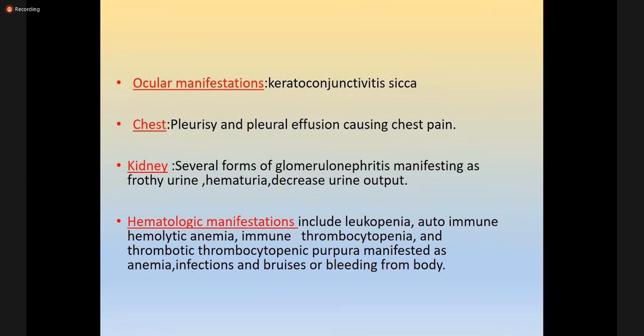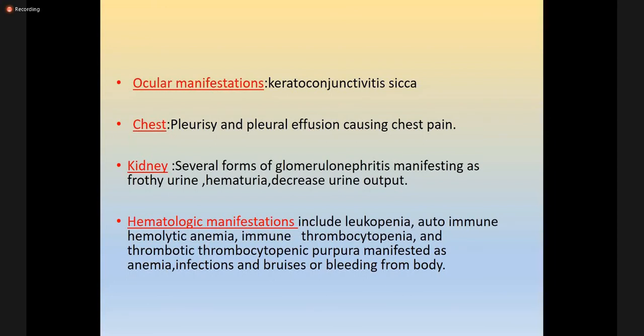Usually the patient might manifest with frothy urine because of excessive loss of protein in the urine. And the patient says, I used to have bubbly, soapy or frothy urine early in the morning. Sometimes there may be blood in the urine, which can be easily visible to the patient.